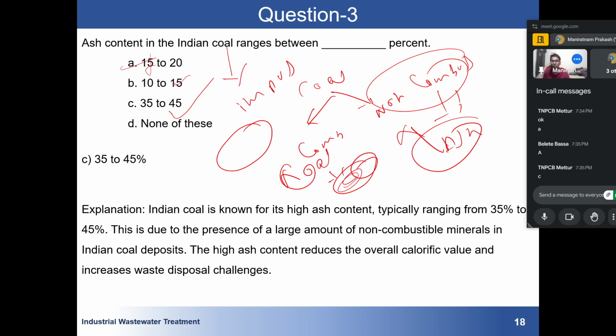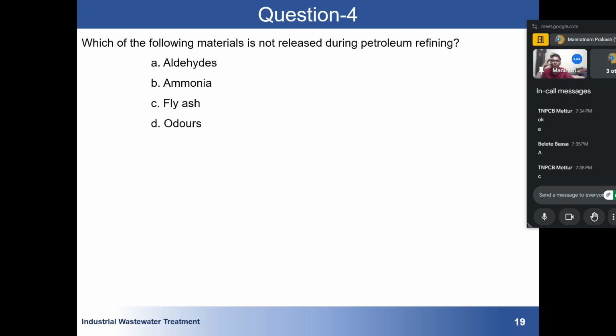You will see a huge amount of dust or ash produced when we burn coal at home. That's because too much incombustible material is there. I think it will be around 50%. I think we generally don't get a pure form of coal.